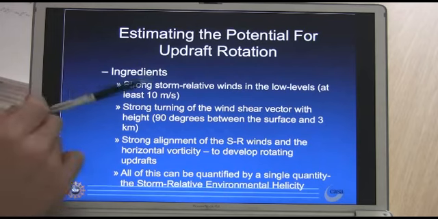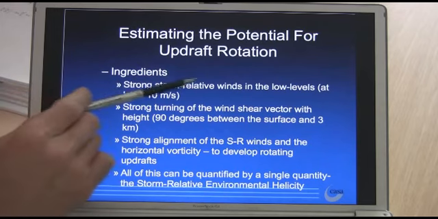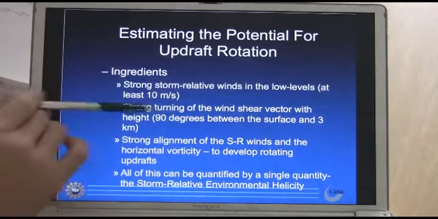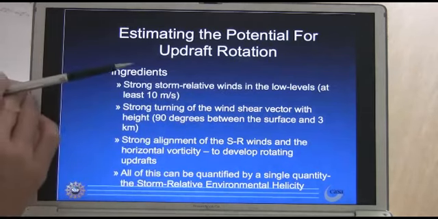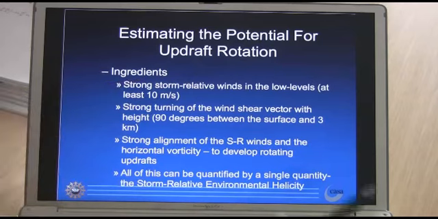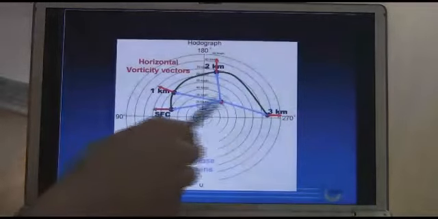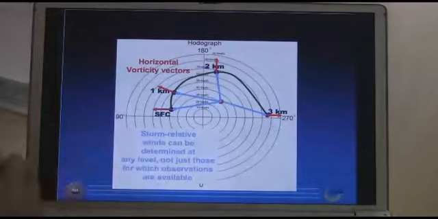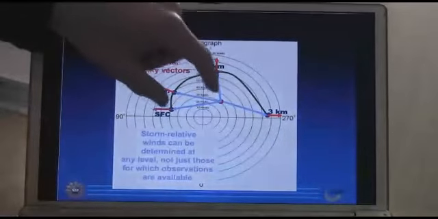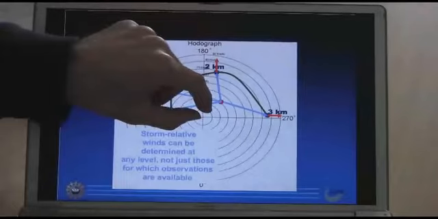First of all, one ingredient. This is kind of a rule of thumb. Strong storm relative winds in the low levels. Now, what is low levels? From the surface to maybe 1, possibly up to 3 kilometers. So what that says is that through the depth of the atmosphere, typically shown here, anywhere from the surface to 3 kilometers, we want, on average, the storm relative winds to be at least 10 meters per second in length.